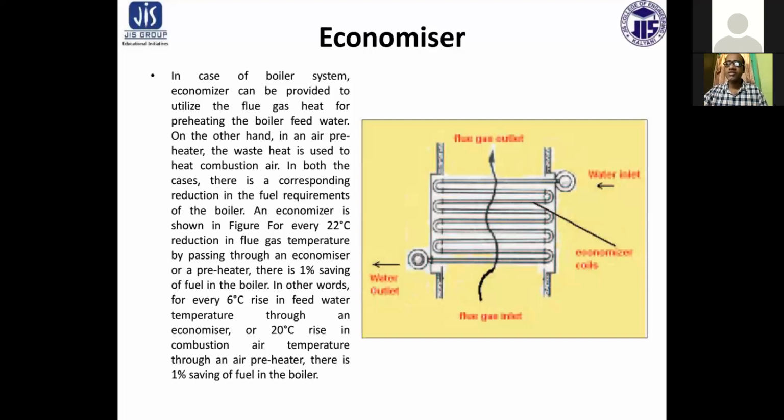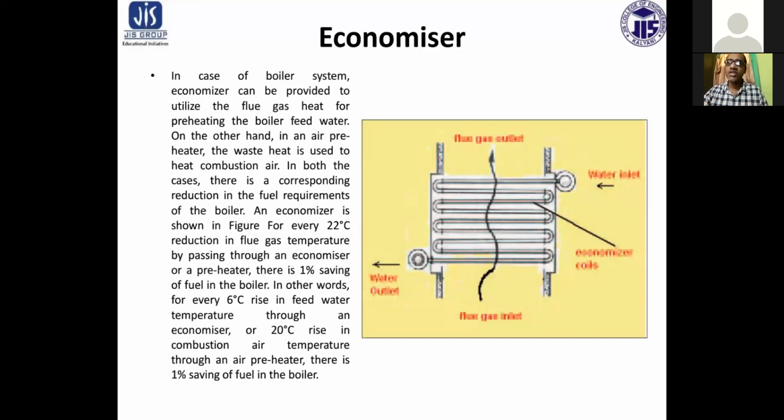So in a boiler system, an economizer can utilize the flue gas heat for preheating the boiler feed water. Mainly it is used to heat the boiler feed water. On the other hand, an air preheater uses waste heat to heat combustion air.